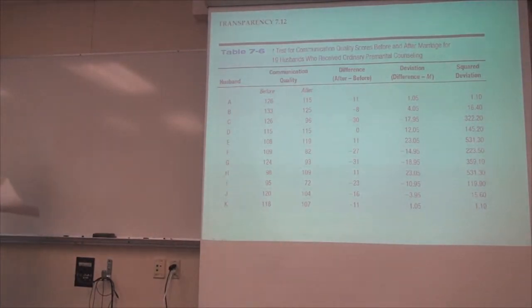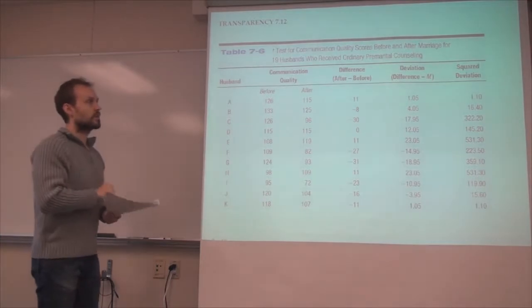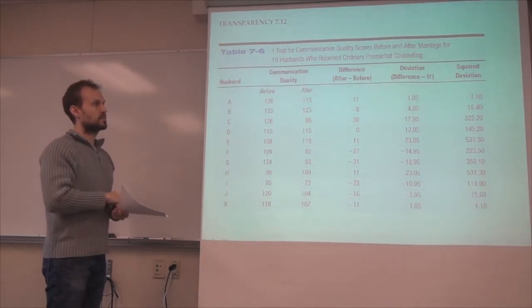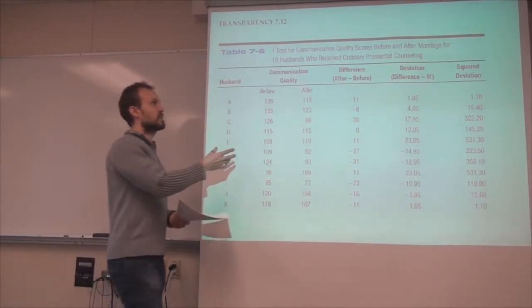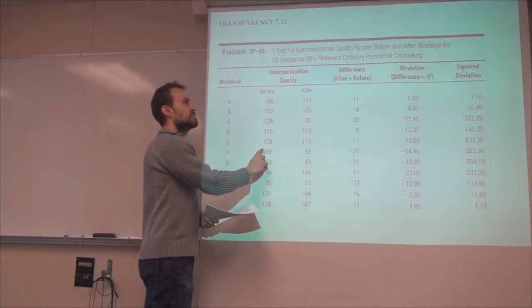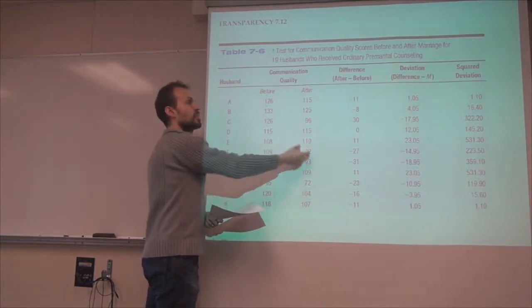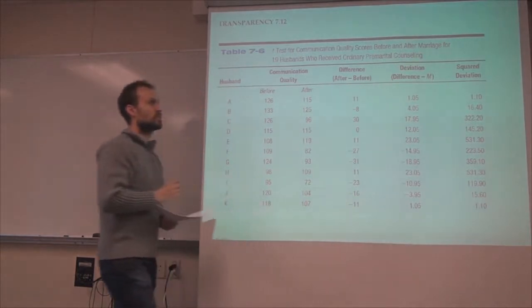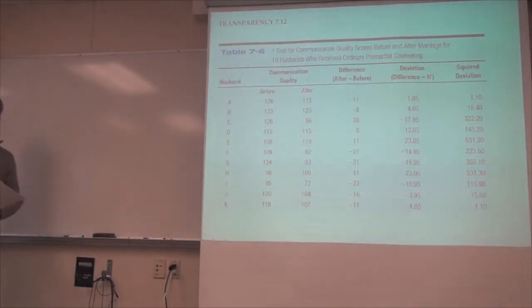Hopefully, by way of exercises, we've gotten fairly comfortable with the basic t-test. It's really very similar, except if I now want to test change before and after, I'm combining it as a difference score, and those are now my sample values.